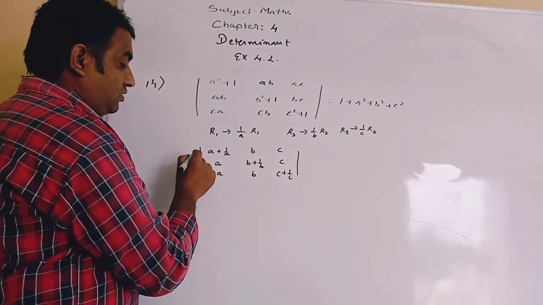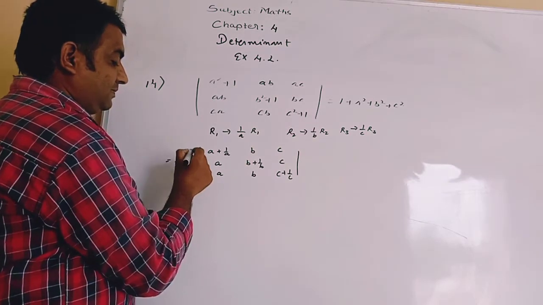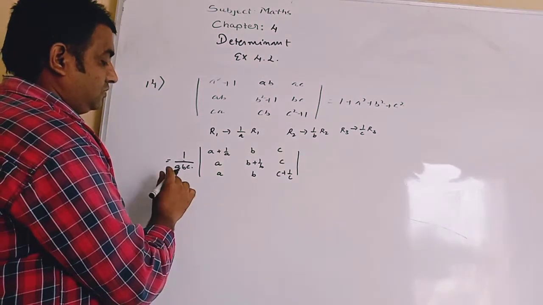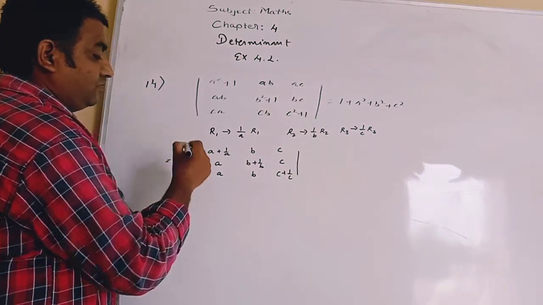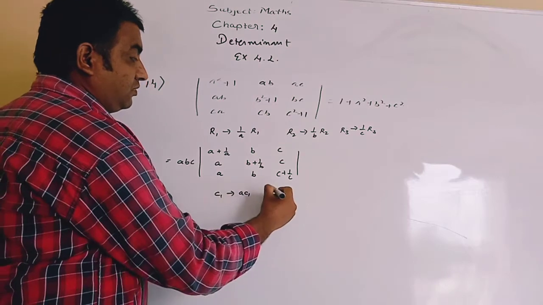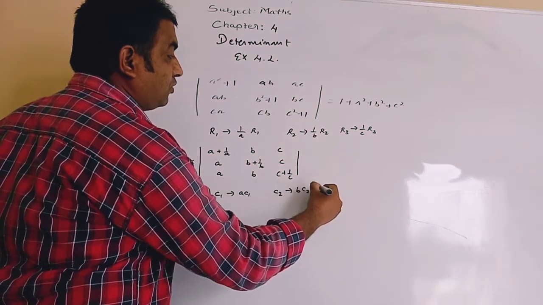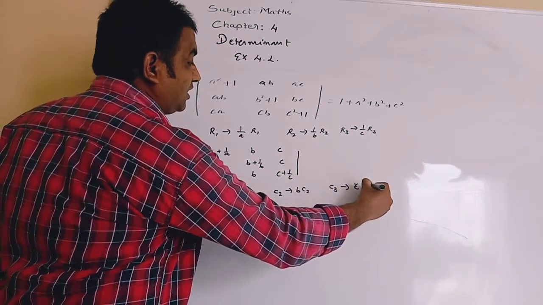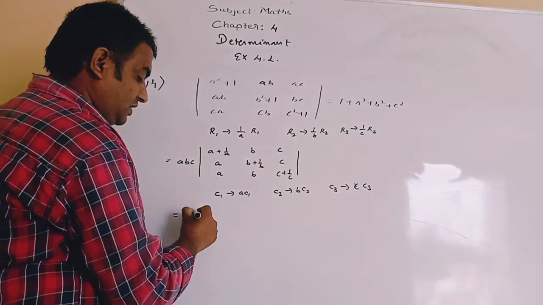So here we are going to write 1/abc. So C1 transforms into aC1, C2 transforms into bC2, and C3 transforms into cC3.